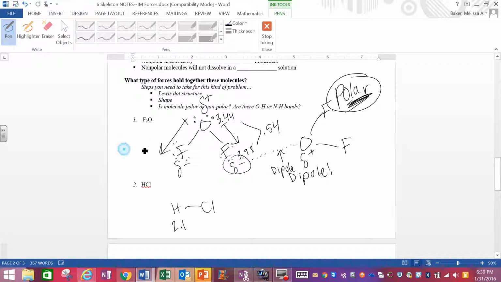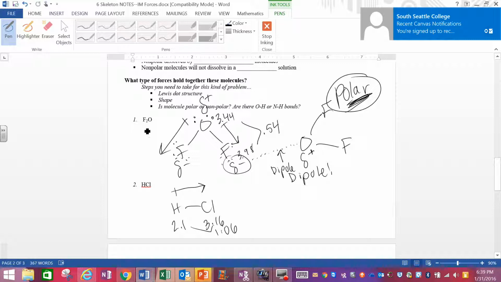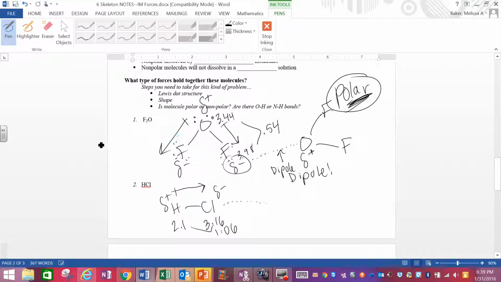H is 2.1, chlorine's 3.16. That's a difference of 1.06. That means the chlorine is winning and has a partial negative charge. It's stealing hydrogen's electron cloud. So it's definitely polar. And so we have to ask ourselves, does it have an H bonded to an F, an O, or an N? No. So this is another one with the medium forces between them, dipole-dipole.